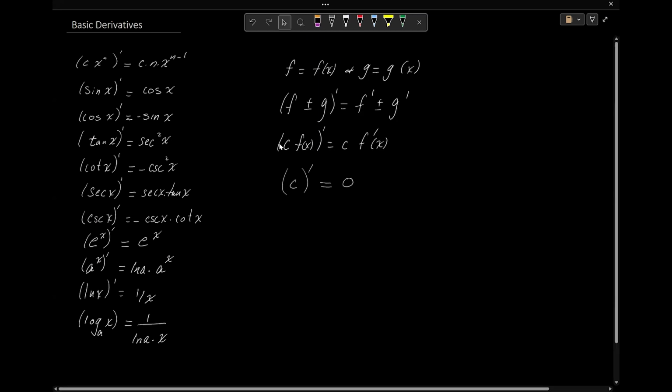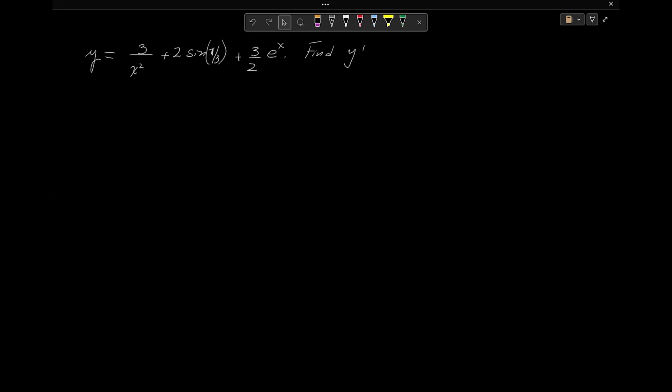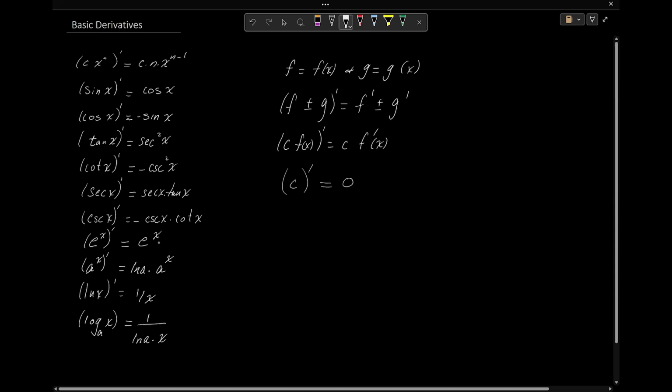So let's go ahead and begin working out problems. First problem. Just take a second to look at them. We see here that this x squared is in the denominator, so we rewrite it as a power, because remember, we're going to use the power rule, which is the first one here.